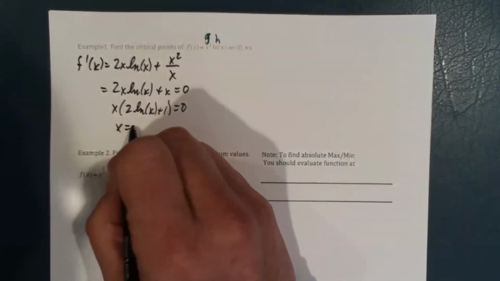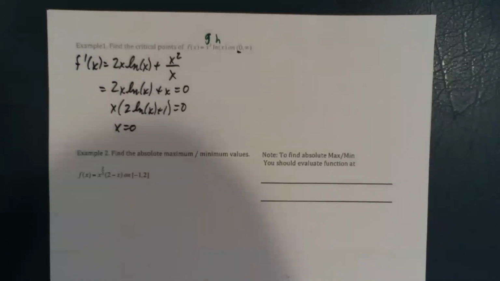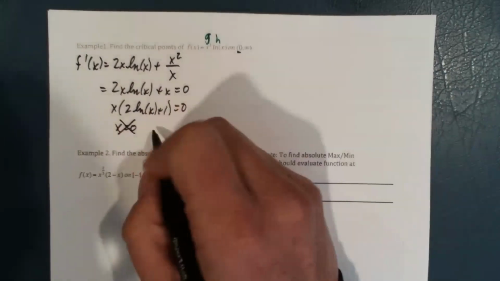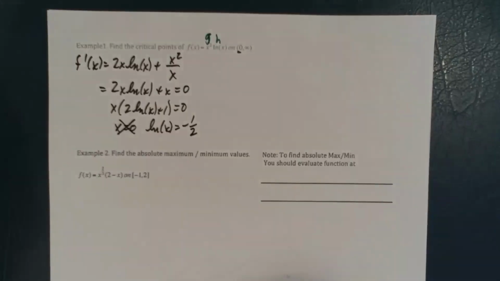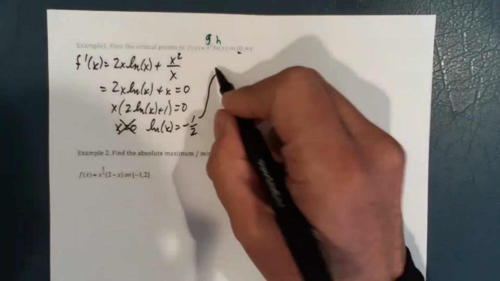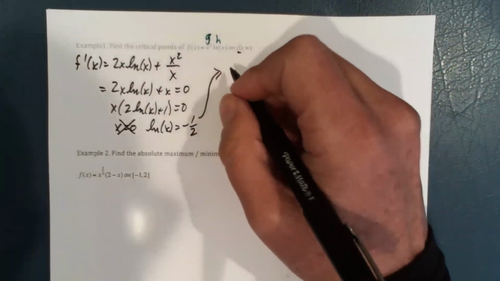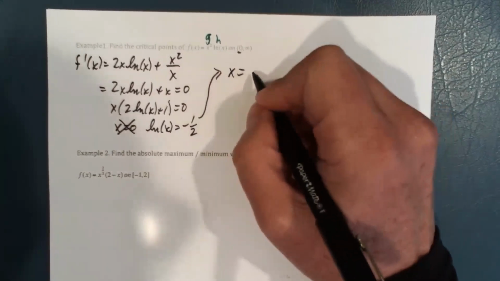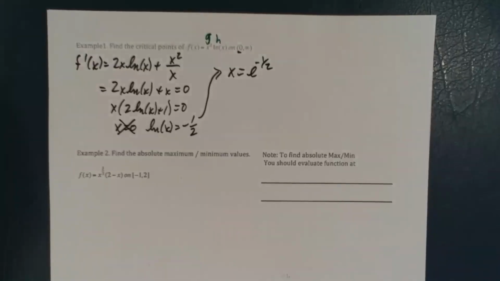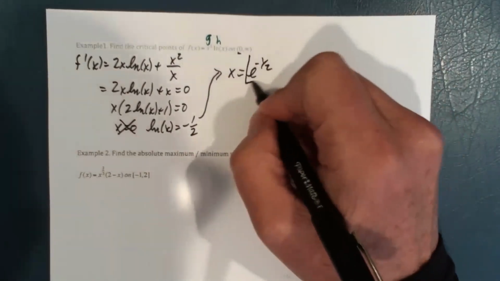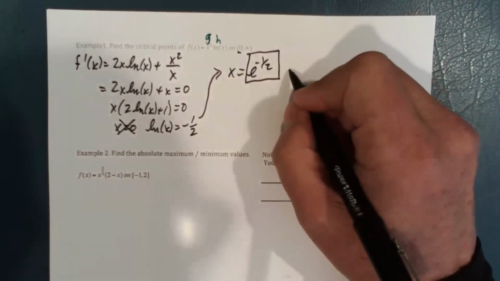So this means x equals 0, but x cannot equal 0. So it's out. This also means ln of x equals -1/2, which using some logarithm tricks, we're going to get that x is equal to e to the -1/2. And there is our critical value. This is our critical value.